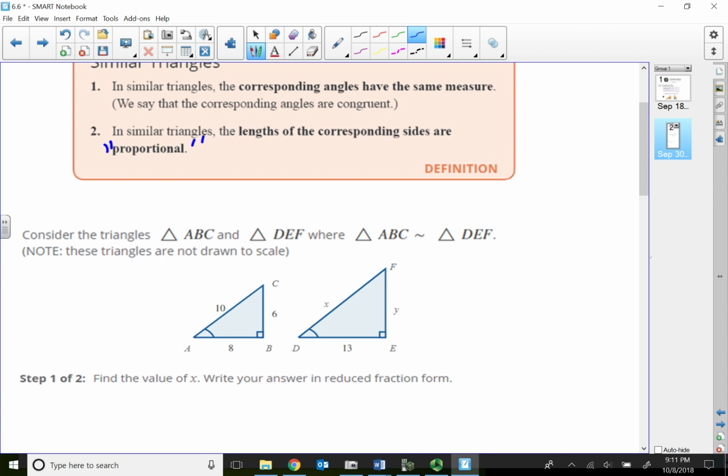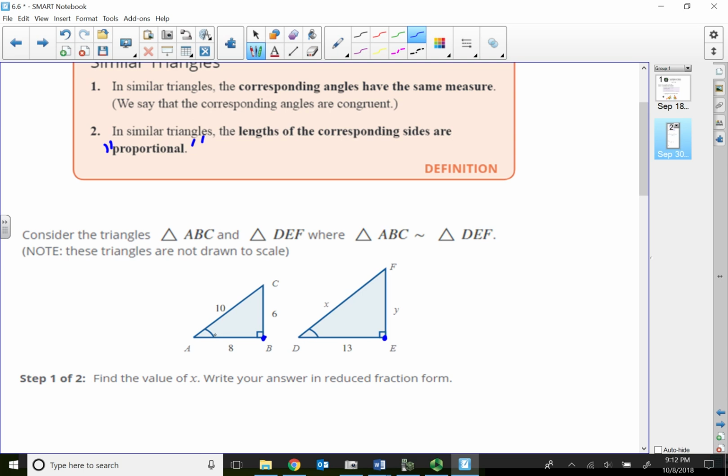So consider triangle ABC and triangle DEF, where triangle ABC is similar to triangle DEF. Let's match up their corresponding angles and make sure they are congruent. They labeled them for me. Angle B and angle E are both 90 degrees.